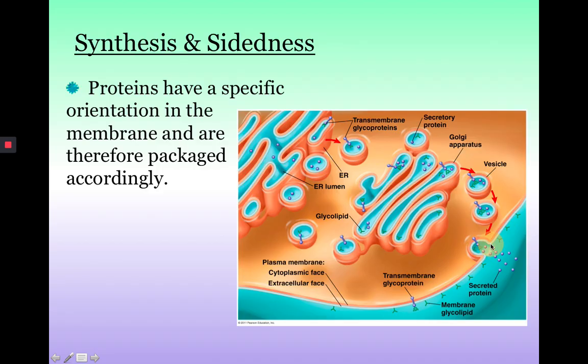And so why is that important? The lumen side always stays the same and ends up becoming the outside of the cell, and the cytoplasmic side always stays the same, the cytoplasmic side of this protein, which is embedded in the membrane. Okay? So you need to make sure you remember that.